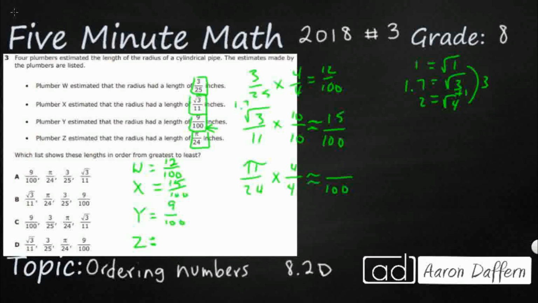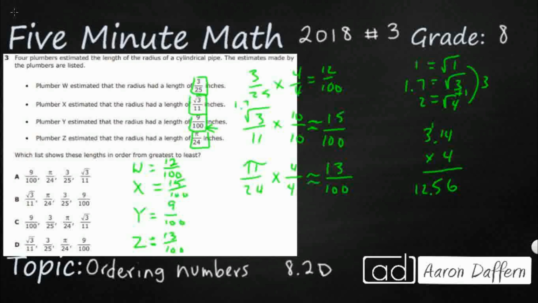So pi is 3.14, so we can go ahead and just use that as kind of a placeholder there. So that's 12.56. So let's call that, let's just put that up to 13. All right, so let's do that 13 over 100.